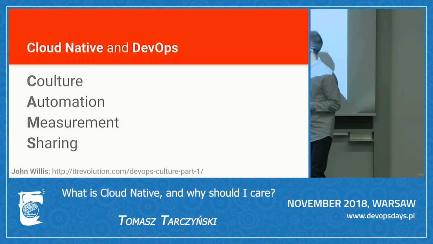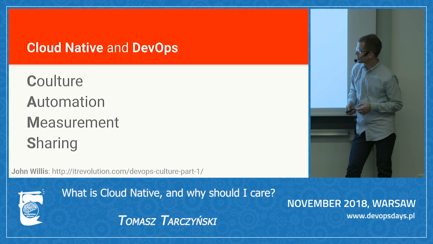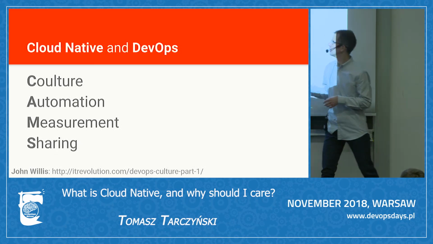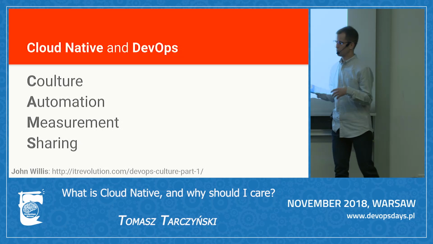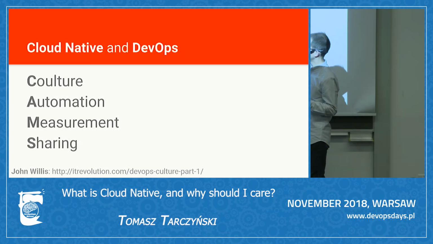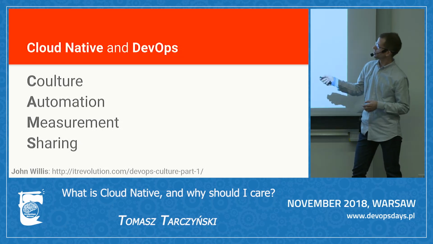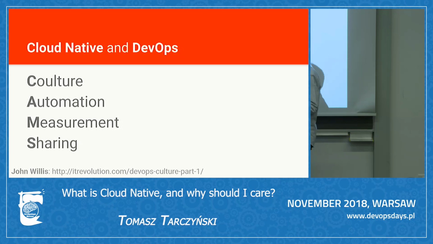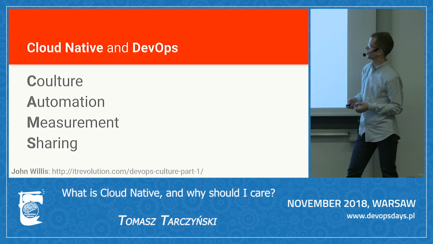And then another view on DevOps as a thing, it's done by John Willis about 8 years ago or so. He defined the areas of interest, what DevOps practitioners try to improve. And there are 4 of those. So culture, automation, measurement, and sharing. And we speak about those topics quite a lot on DevOps Days conferences.